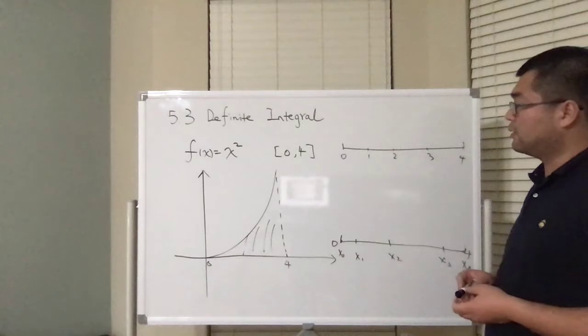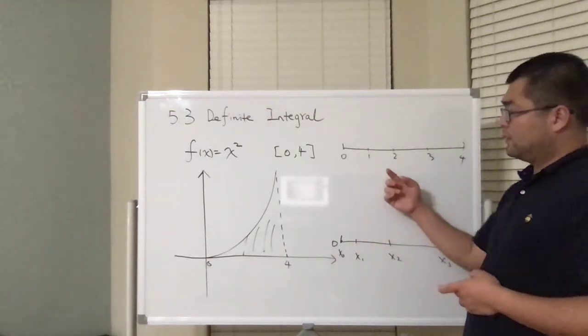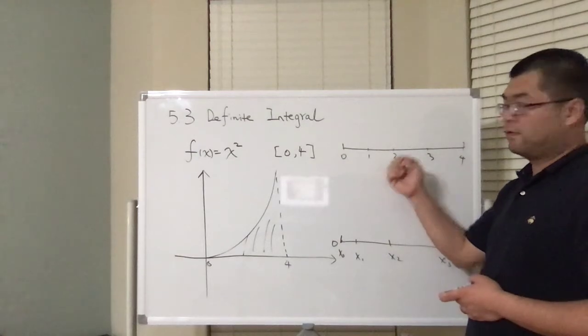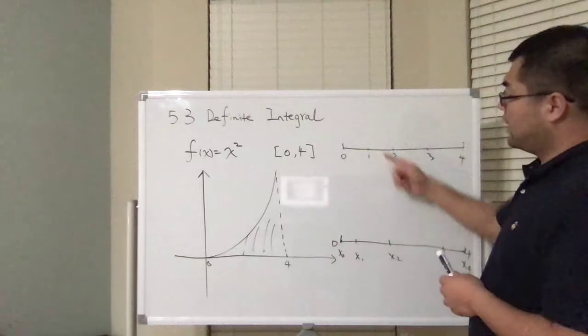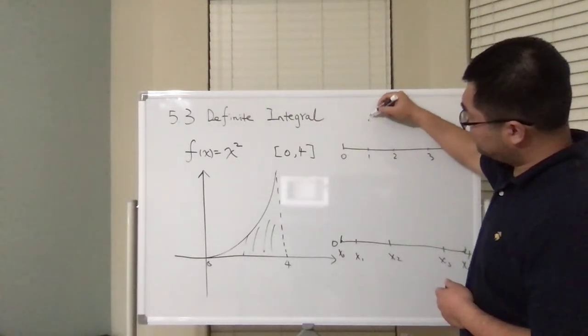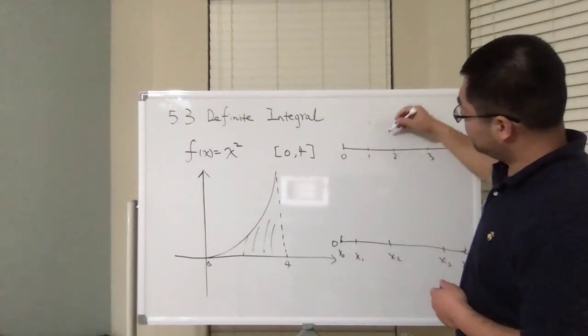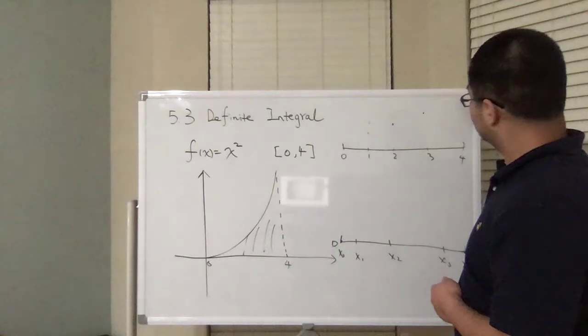If you still remember, we can partition our interval into four equal lengths, right? And then we use the height. Remember, we use the right hand side for the height, right? So maybe use a smaller one, something like this.